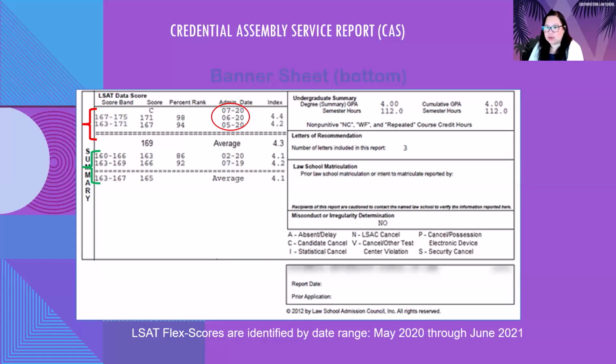So if you are not sure what the GPA looks like, you can go into your LSAC profile and see for yourself what was calculated for you. This is, again, why it's important that you know what's on your transcripts, because so many times people think their GPA is higher than it is.